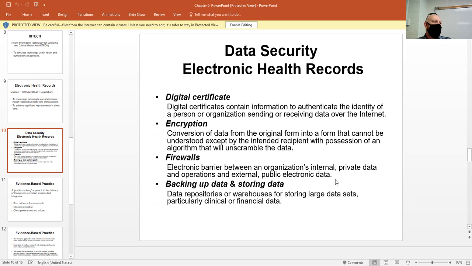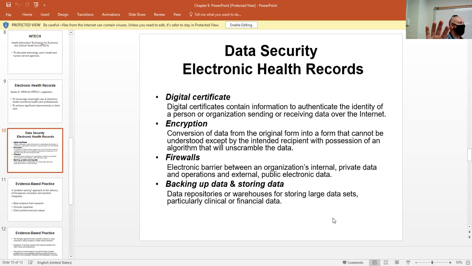Now, hackers, they're getting better and better and better. They're hacking into oil pipelines. They're hacking into electricity. I mean, people are hacking into stuff. It's like a movie now. People hack into stuff just for fun, I think. But, you know, good encryption, good firewalls make it a lot harder.